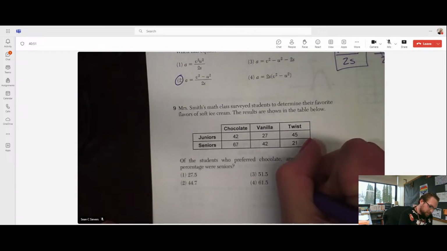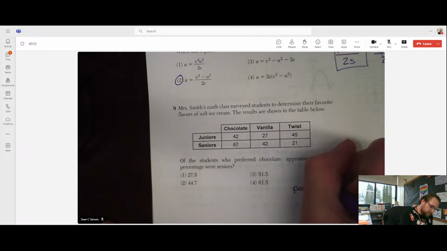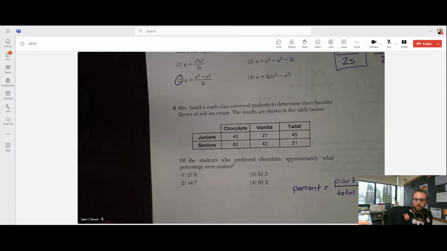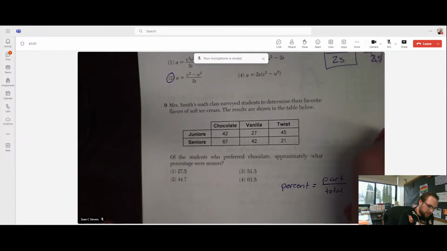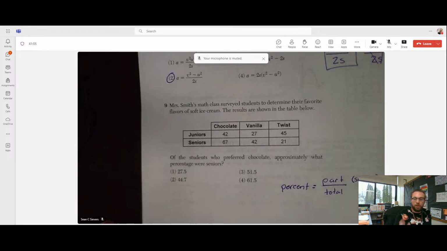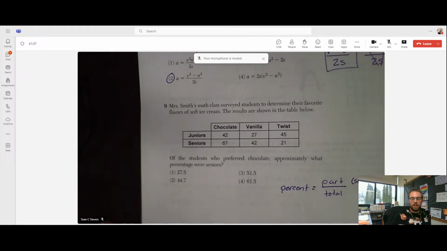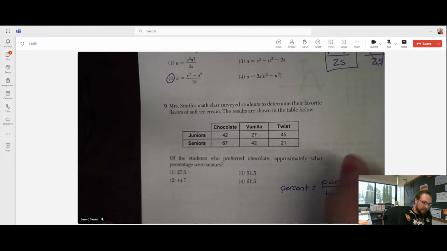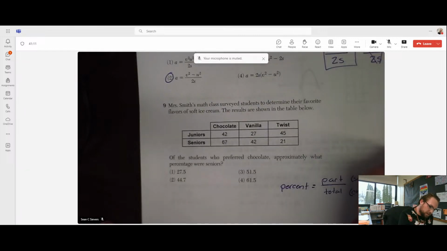So percent is going to be part over the total. So in this case, our part will be the seniors because they're a part of the group of people who voted for chocolate, and then the total will be chocolate.